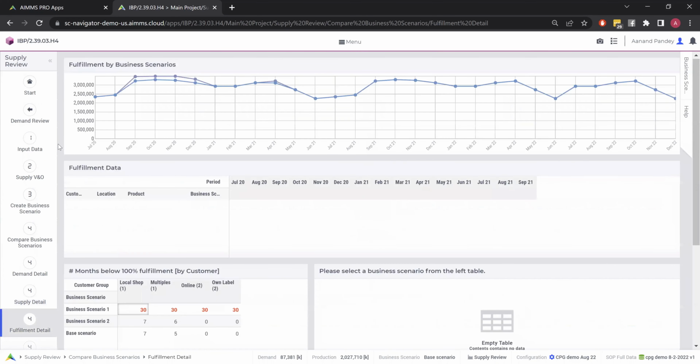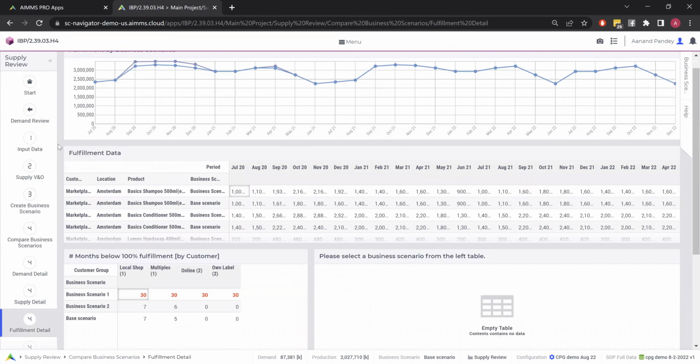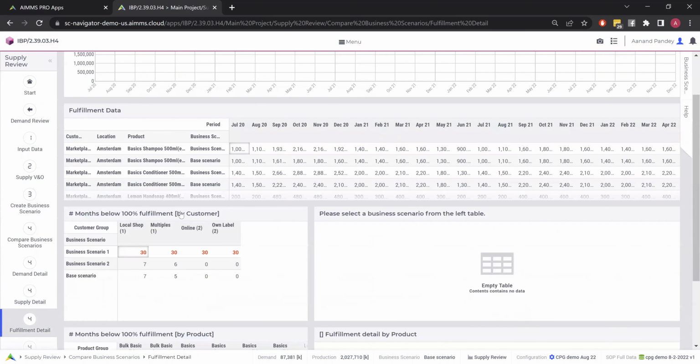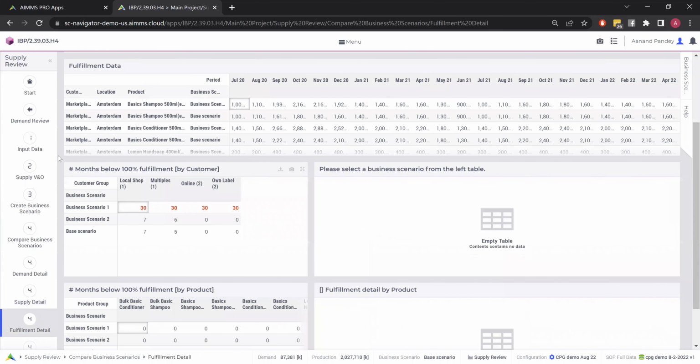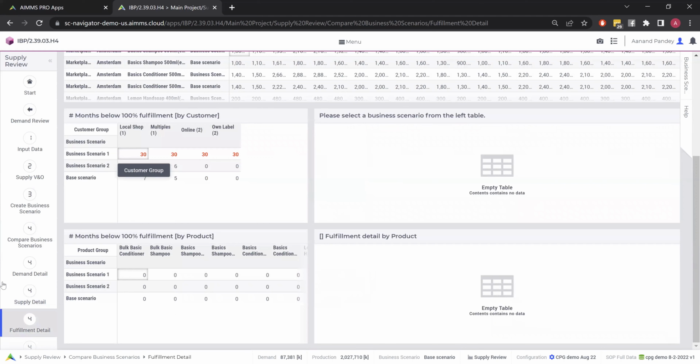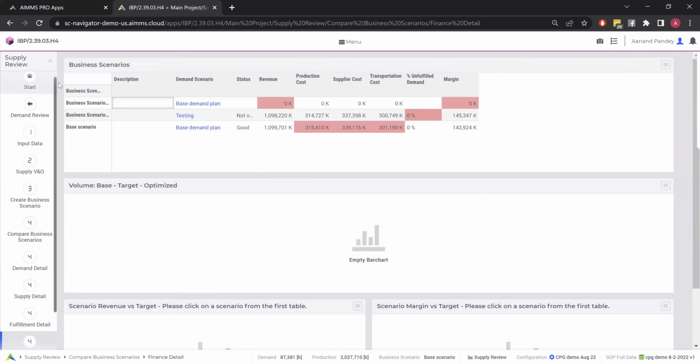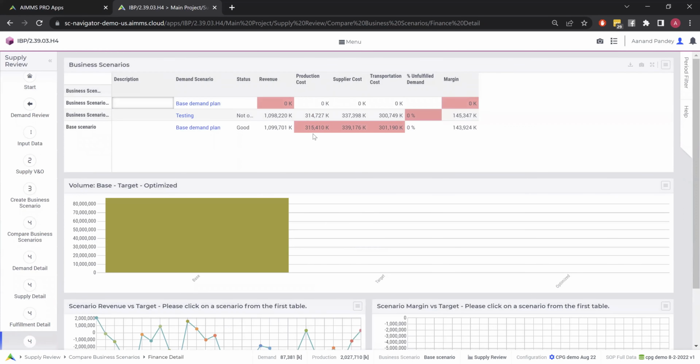Fulfillment detail helps you understand, from a customer perspective, which customers you might be fulfilling more or less in different scenarios, as well as different financial details. Once again, the red colors outline where your costs may be higher, where your revenue is higher, or where transportation cost is higher in the base scenario, for instance, and so on.